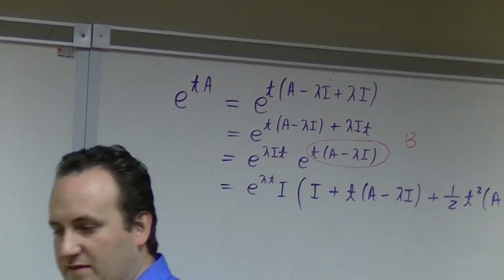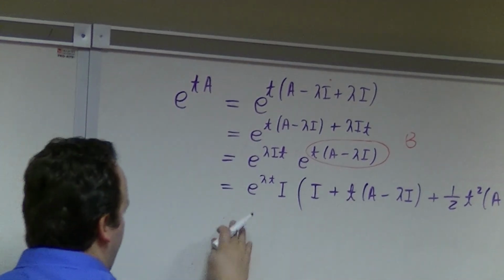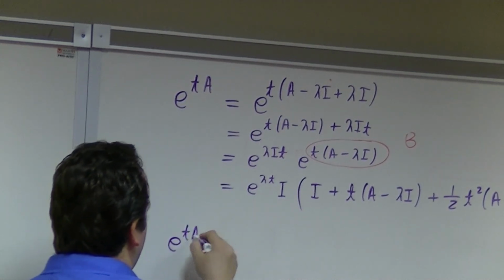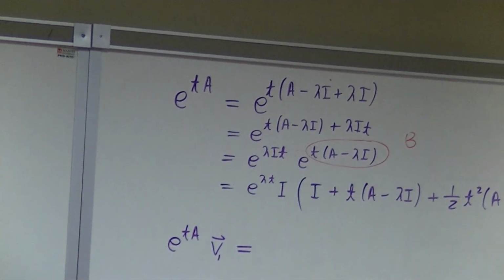And the reason I call this the magic formula is that when you hit it with an eigenvector or a chain of generalized eigenvectors, magical things happen. So, for example, what happens if we calculate e to the ta times v1, where v1 was an eigenvector with eigenvalue lambda?